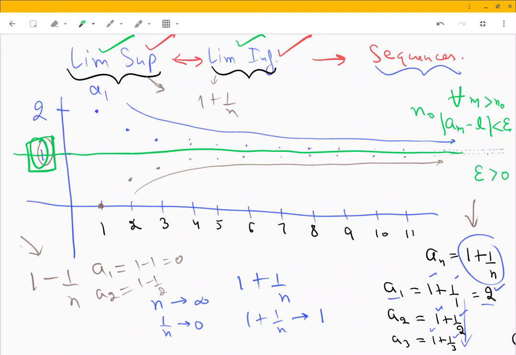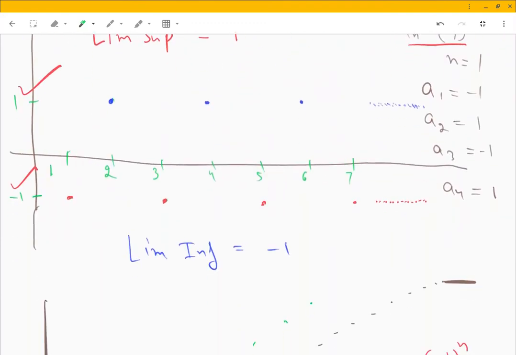And this is pretty simple to explain. And there are videos on this, so I will not be explaining this. You can check out those videos on YouTube, right? But yeah, this is the concept. When limit superior and limit inferior are the same, implying that the largest limit point and the smallest limit point are the same.